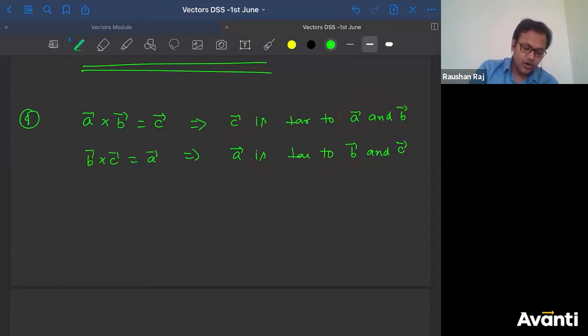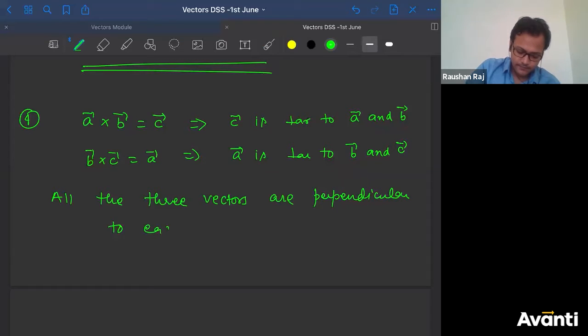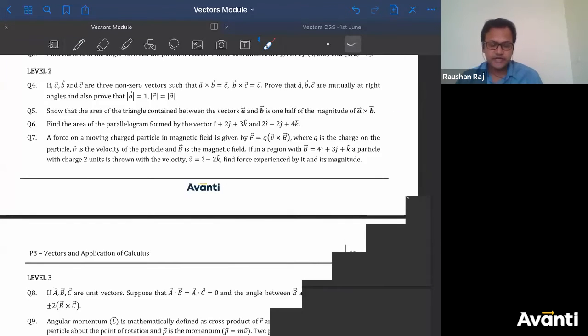So can I say that all the three vectors are perpendicular to each other? Got it, guys? So I get that all the three vectors are perpendicular to each other. That is what we have to prove.